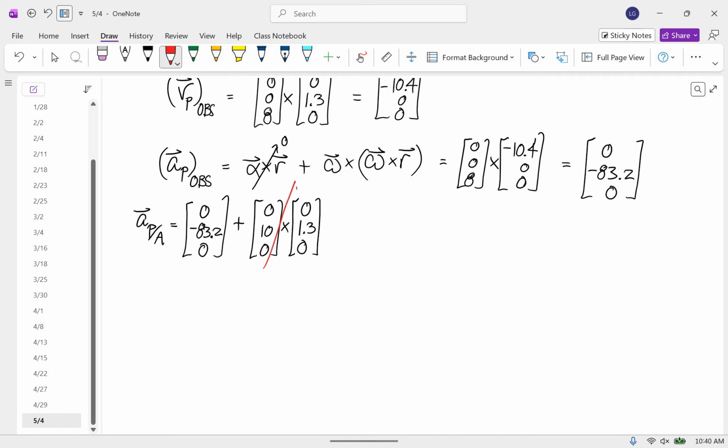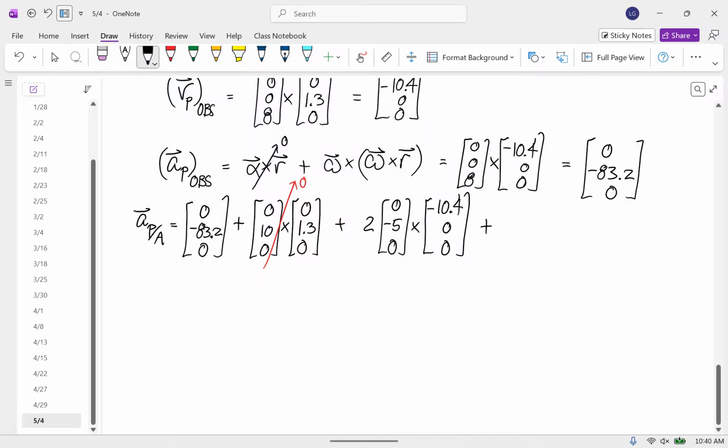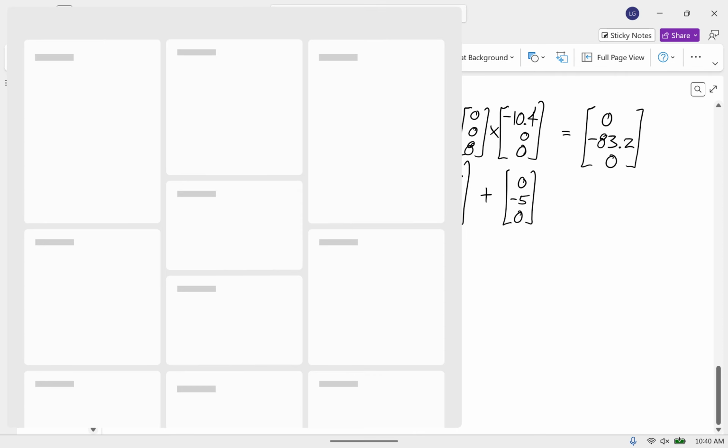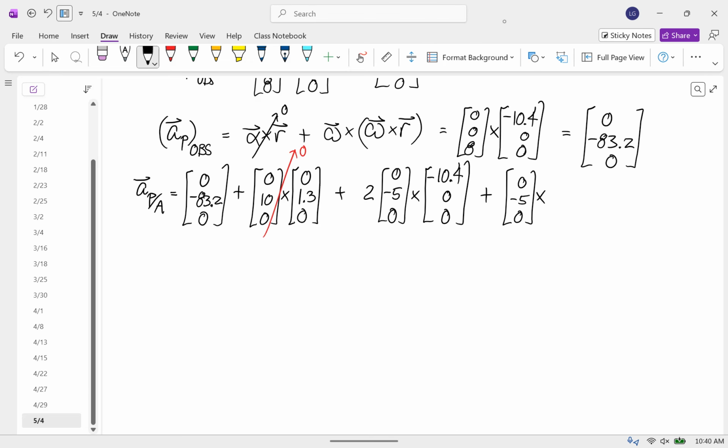You can see that this one goes away because those two are parallel to each other. Plus 2 times 0, negative 5, 0, crossed with the observed velocity vector, negative 10.4, 0, 0, plus angular velocity of the coordinate system, 0, negative 5, 0, crossed with the quantity 0, negative 5, 0, crossed with the position vector 0, 1.3, 0.